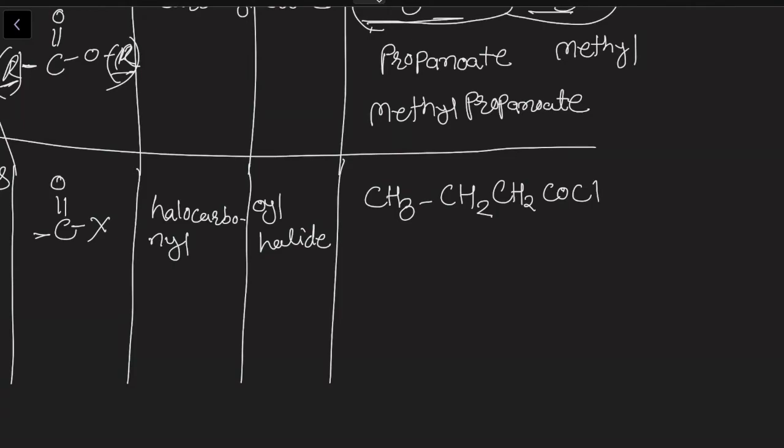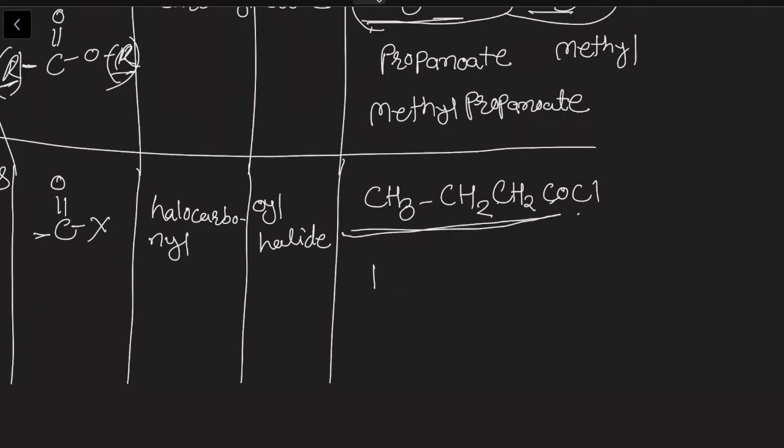For the X, we learned earlier we can use chlorine, bromine, fluorine or iodine instead of X. Over here we are using chlorine, and the way we want to name it is to consider all these four carbons as one group and then chlorine as a separate one.